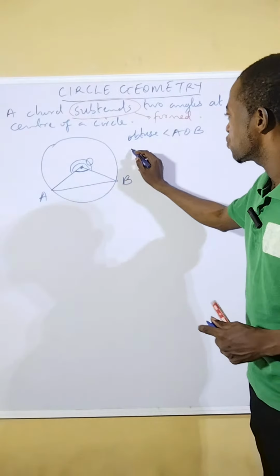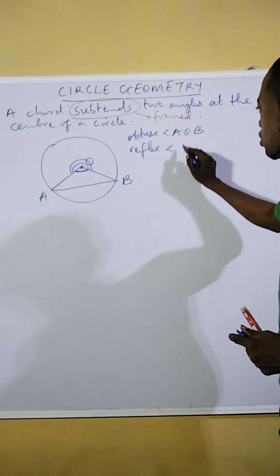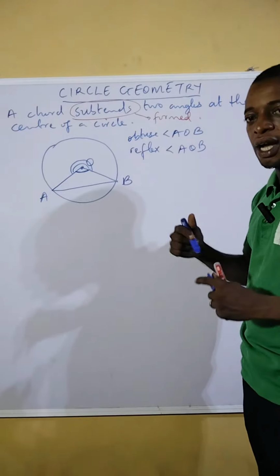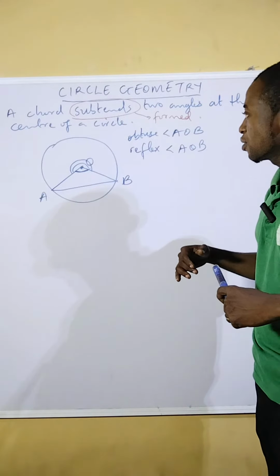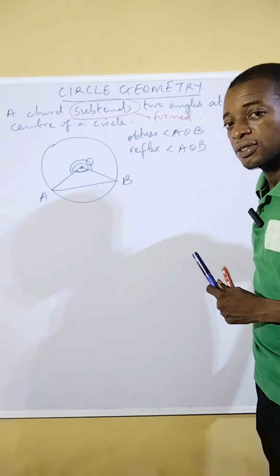And also we have the reflex angle AOB, the one outside. That angle is greater than 180 degrees but less than 360 degrees. Okay?